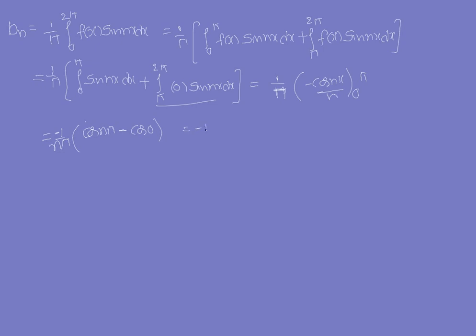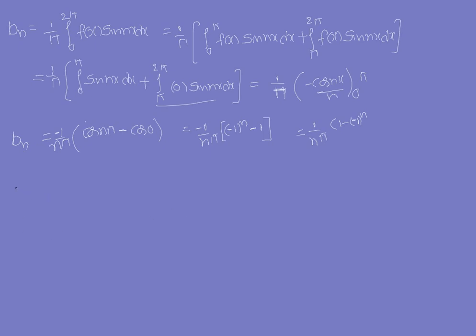So that is equal to minus (1/nπ) times (cos nπ minus 1), where cos nπ is equal to (−1)^n. So this you can write as (1/nπ) times (1 − (−1)^n). So this is the bn value.